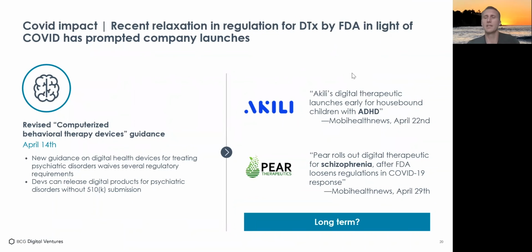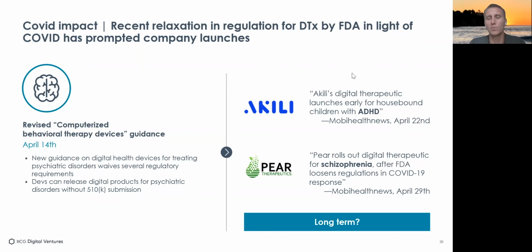Now, I did mention the changing FDA standards, and I am particularly excited about these. So the first one to jump on this was Akili. Within 8 days, amazingly, they had released a digital therapeutic for children with ADHD. And it really goes to show that some of these companies were ready.